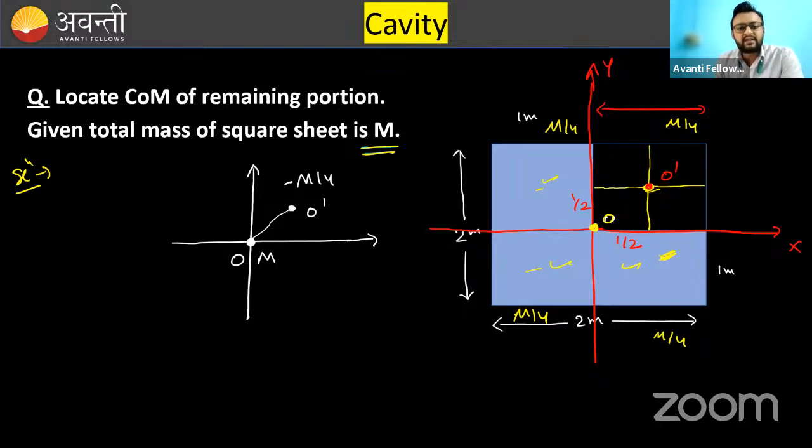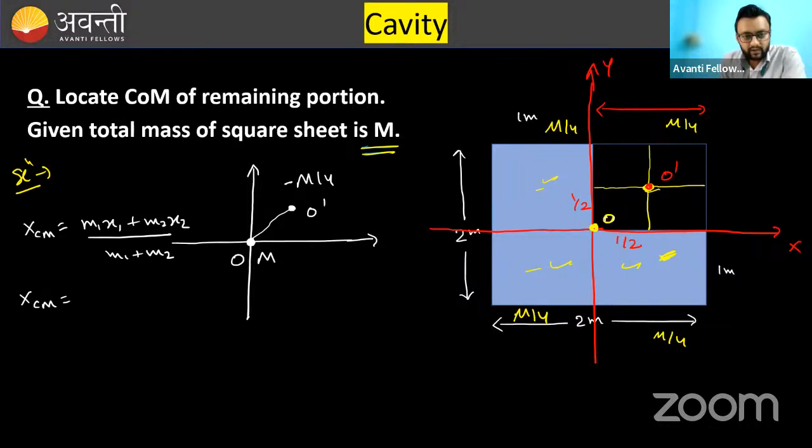Now you need to locate the center of mass of this system. You can easily solve that. XCM is equal to... Have you learned that m1 x1 plus m2 x2 divided by m1 plus m2? This formula is learned by you now. Now I will put the values here.